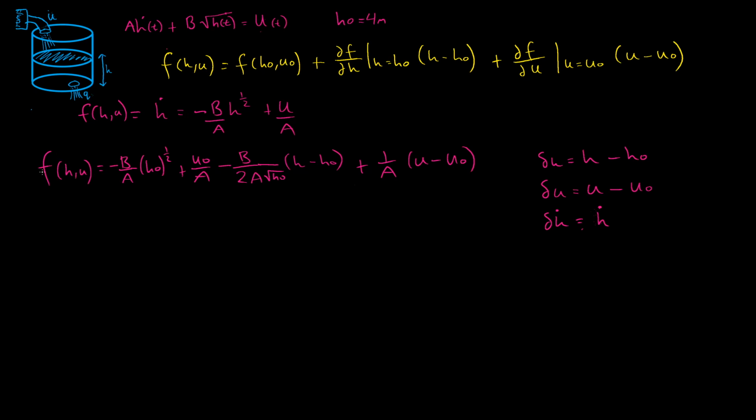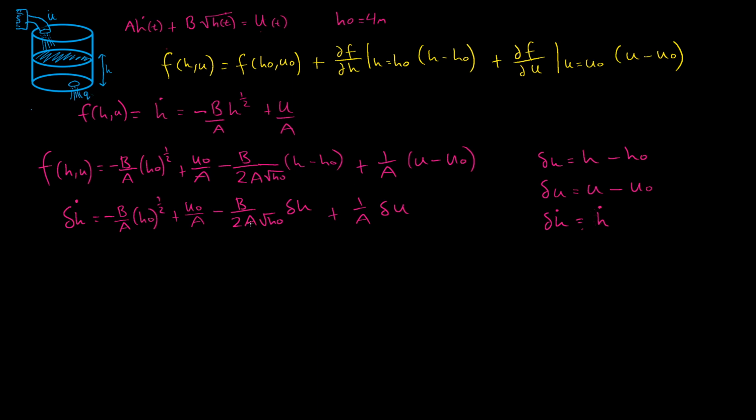Remember, this f of h and u is just equal to h dot, which is equal to our delta h dot, and that's equal to minus b on a times HO to the half plus UO on a, minus b on 2a root HO, our delta H, plus 1 on A, delta U. And we can clean this up a little bit further.